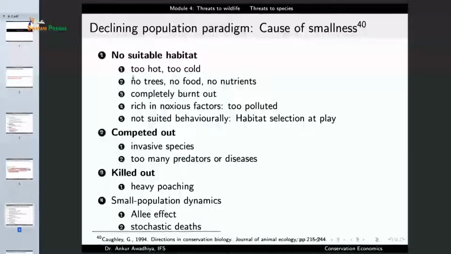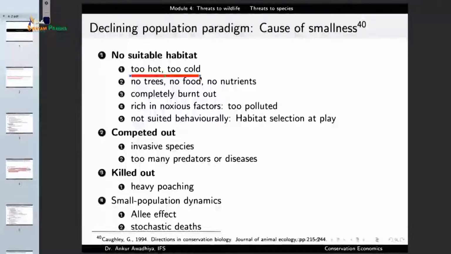So we can categorize our push factors into the declining population paradigm, causes of smallness, such as no suitable habitat. So, if the habitat is becoming unsuitable, probably because of, say, climate change.